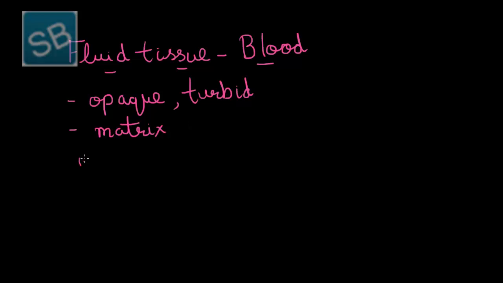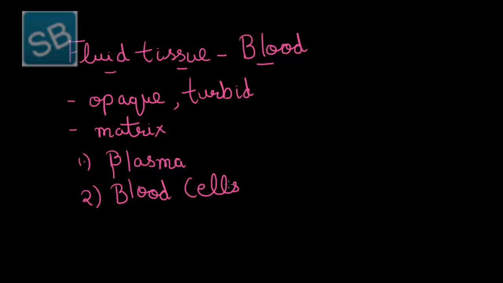Blood is basically composed of three types of substances. First, plasma. Second, blood cells. And third, blood platelets.